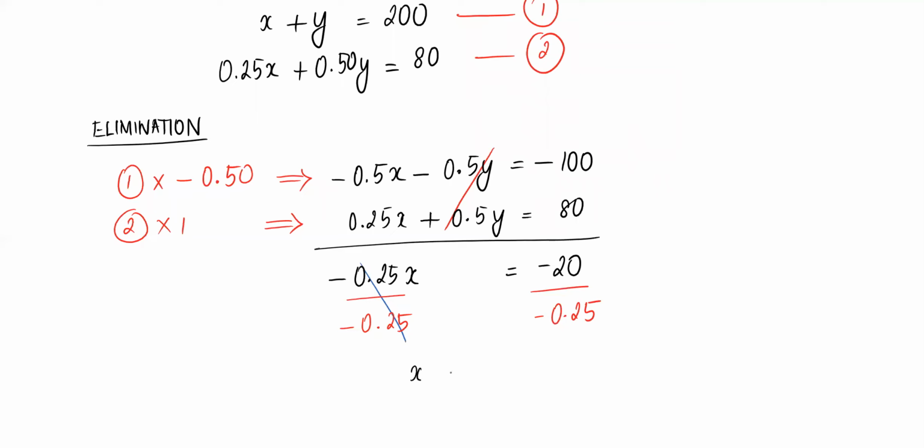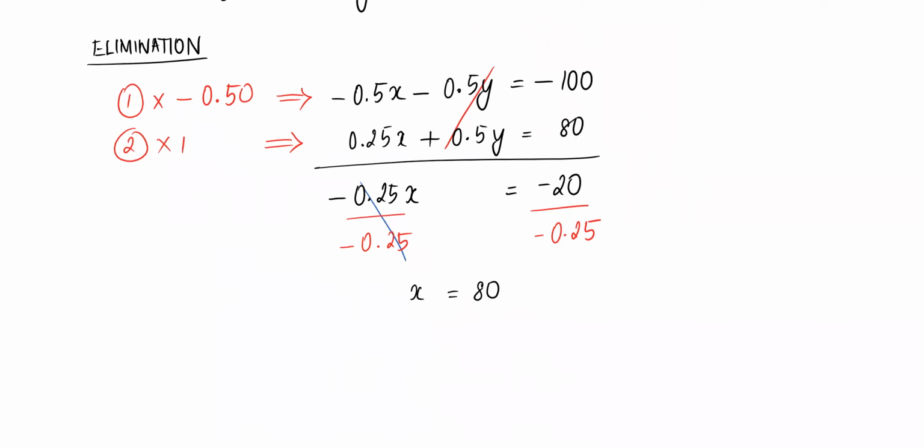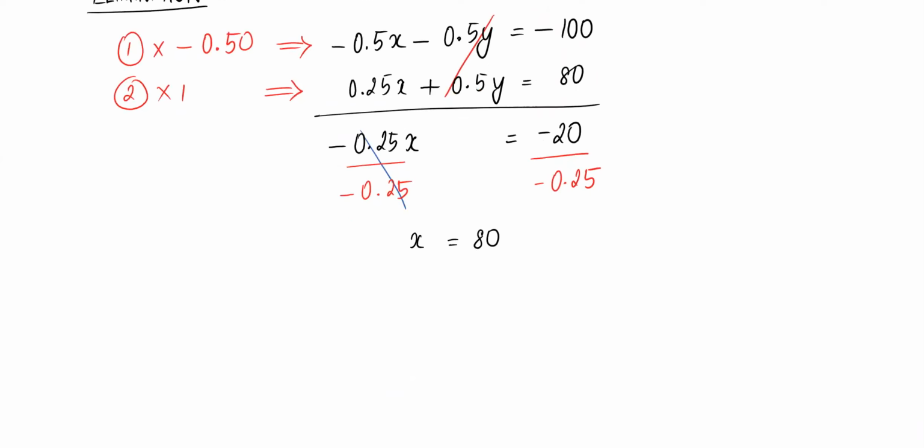It's being removed because negative 20 over negative 0.25 actually gives you a positive quantity. It's 80. Now, if you got a negative quantity, you should be worried because it is obviously a wrong answer, right? This is 80 milliliters, so you can't have negative 80. So we got the right thing, so we can move on.